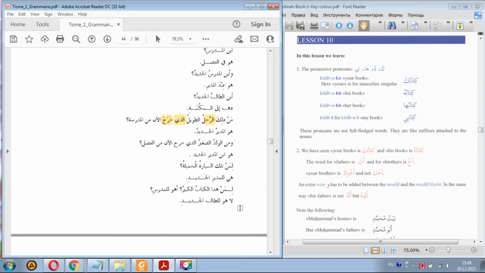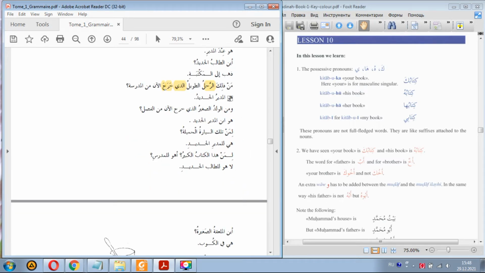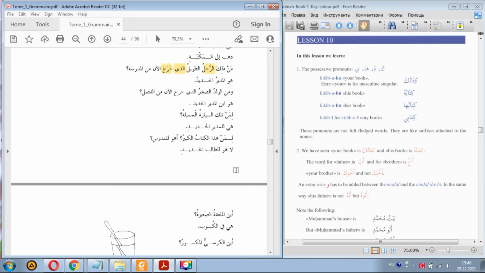Yeah, and there were examples. You'll find them in this lesson. And we also learned that this lam, when it's added to a word that has alif lam, makes this alif disappear. So first it was at-talib, but once we added this lam, this alif just vanished.